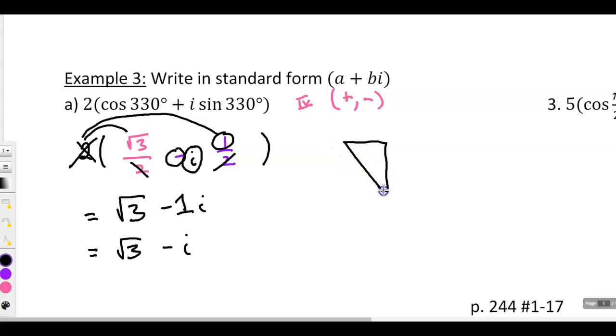If you know it's in the fourth quadrant, you could say that this is root 3, this is negative 1, and you could do the Pythagorean theorem and you'd come up with the radius here equal to 2, by doing the root 3 squared plus 1 squared equals r squared, which would be 3 plus 1.